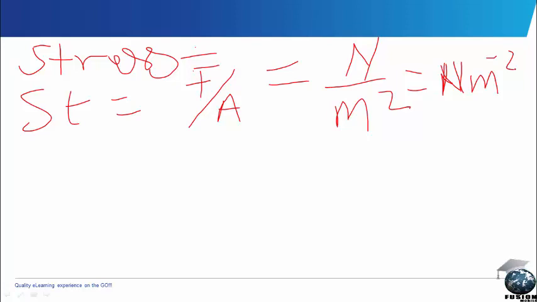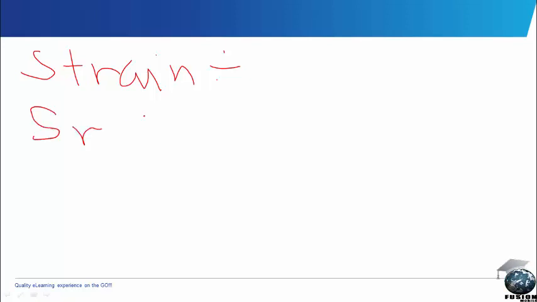While talking about strain, we can also define strain as the ratio of the extension created to the original length. So mathematically, we can say that strain SR is equal to extension all over length.